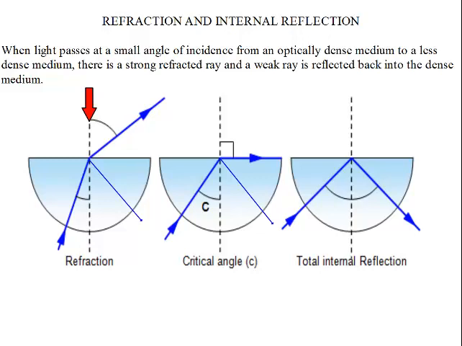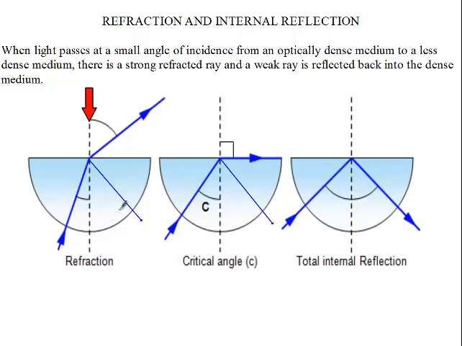We also talked about the refractive index, where we got to see that n is equal to sin i over sin r, or n is equal to the speed of light in air divided by the speed of light in the medium. Today we're talking about total internal reflection.